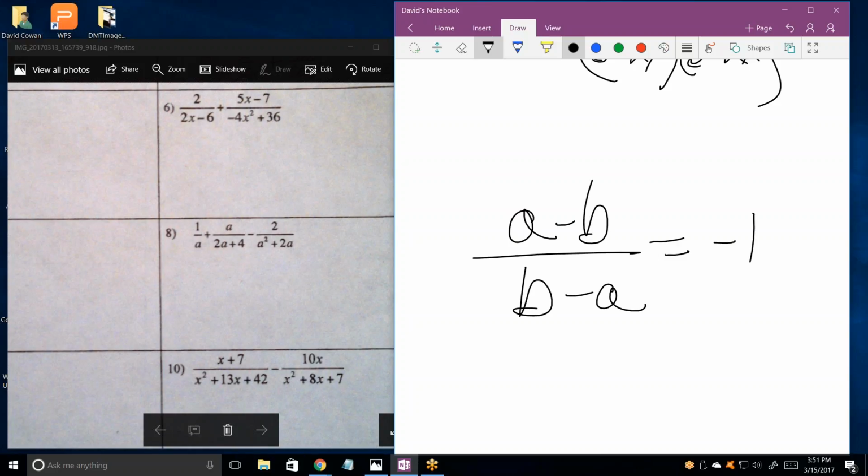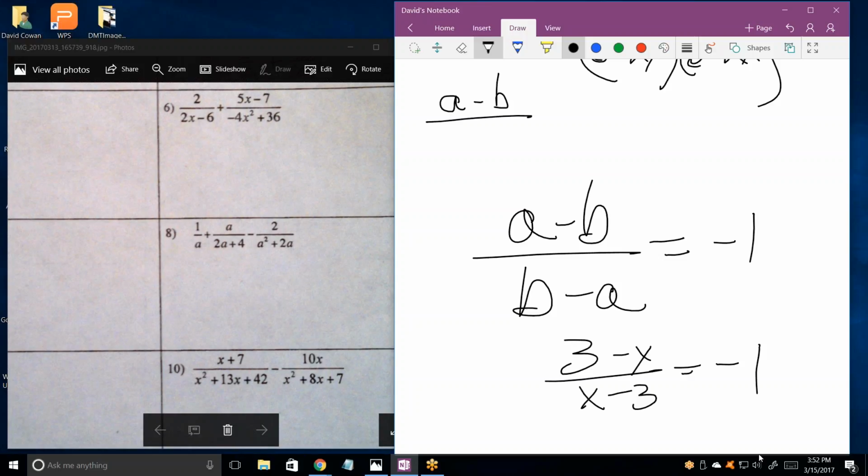Yes. In other words, if I had 3 minus x all over x minus 3, that would be negative 1. Why? Because if I have a minus b, I can write it as b minus a this way. Agreed? Now I can cross off that with that, and I've got minus 1.